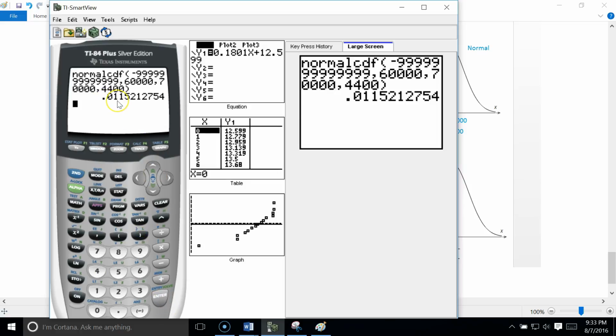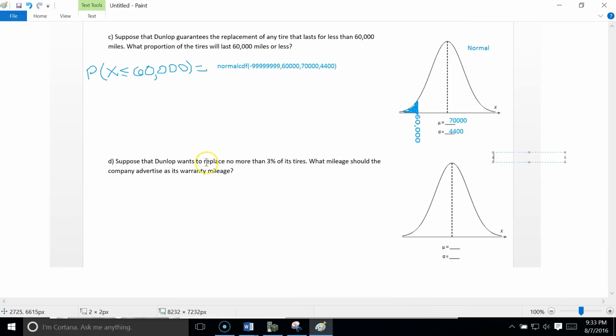And we get a value of approximately 0.01152. There's about a 1.152% chance that a randomly selected tire will last less than 60,000 miles.